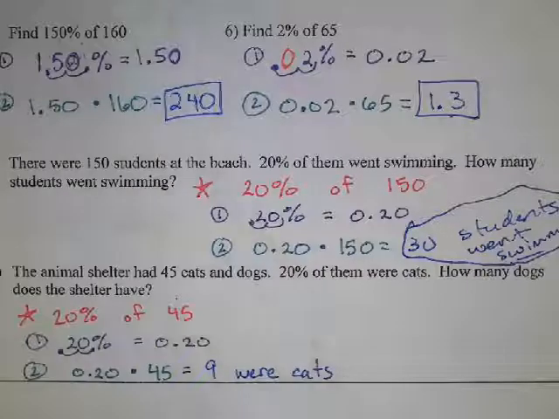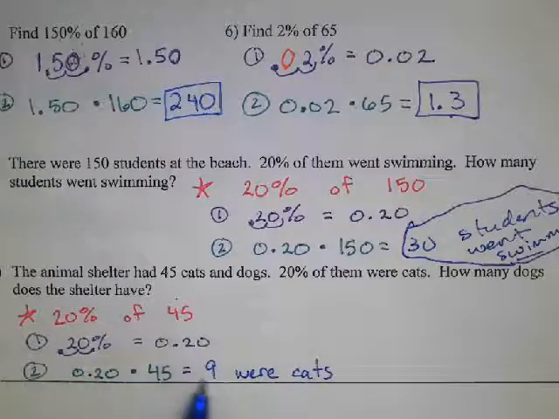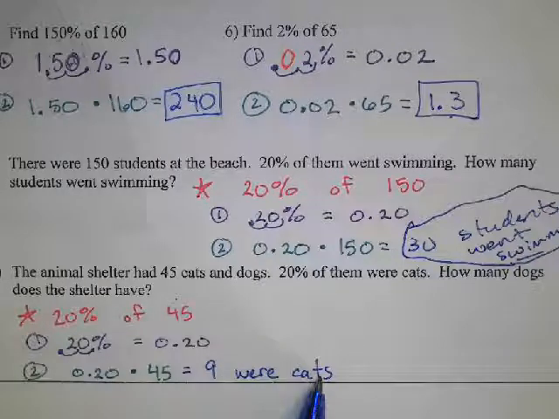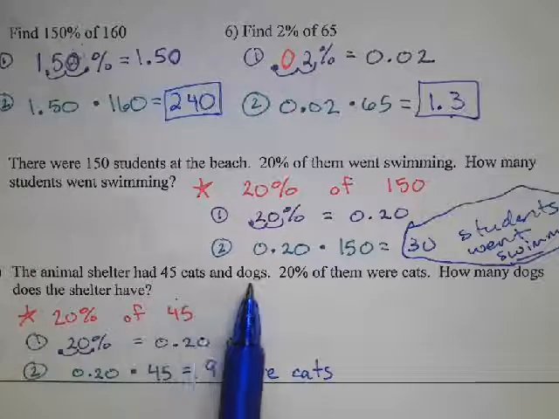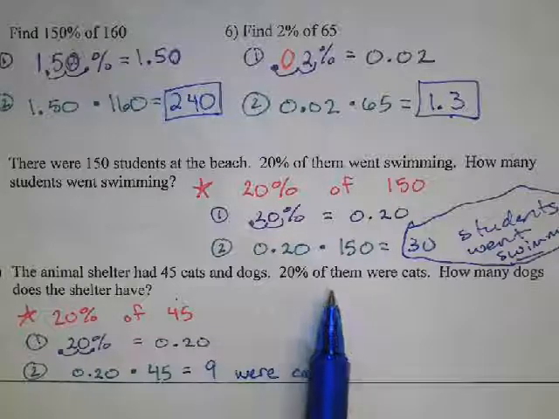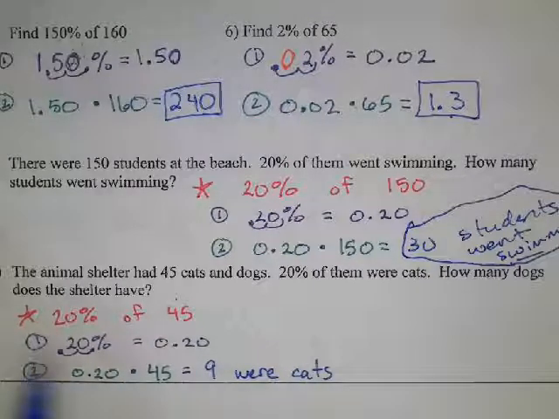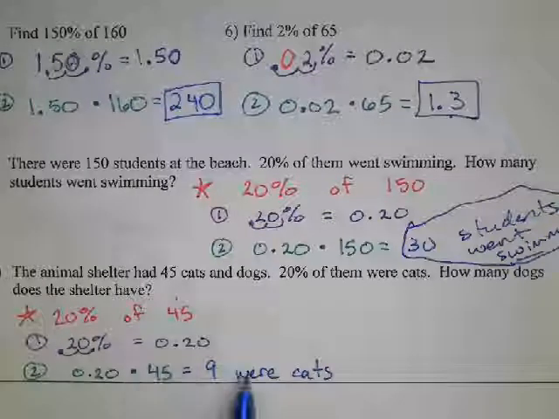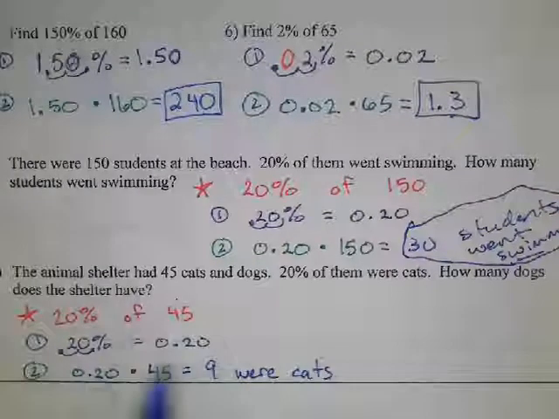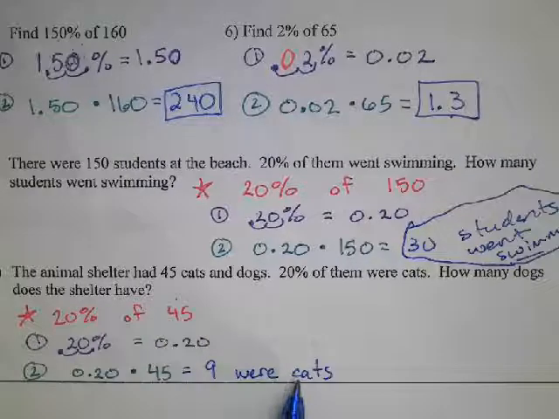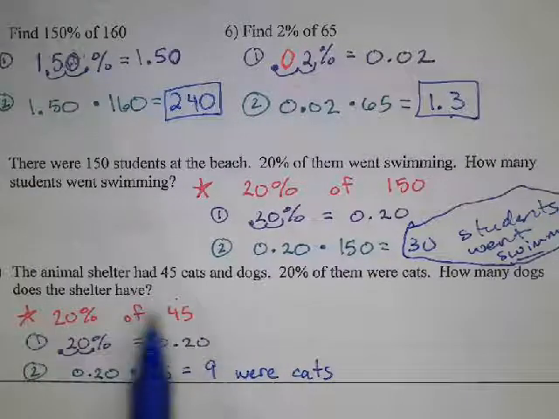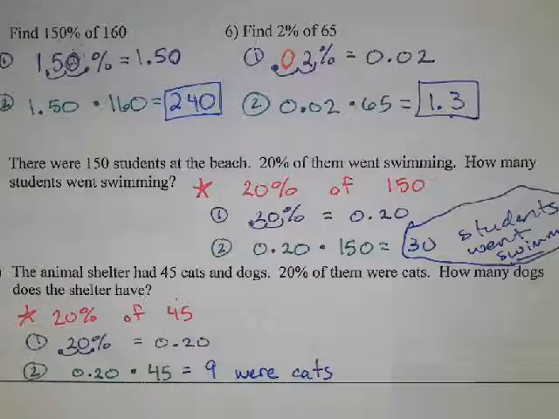Well, if we're looking for dogs, well, how can we use this idea? Well, we know 9 were cats. Let's read the problem again. The animal shelter had 45 cats and dogs. 20% of them were cats. How many dogs did the shelter have? Well, we know that we have 9 cats. We've done our math. 20% of the 45 tells us that we have 9 that were cats. So to find how many were dogs, we can take the total amount, our 45.